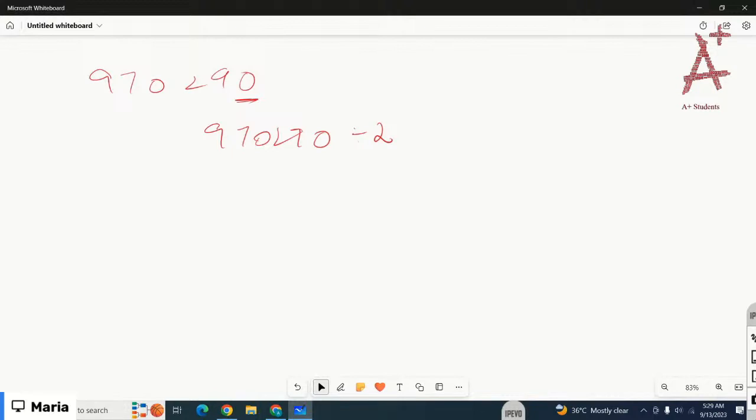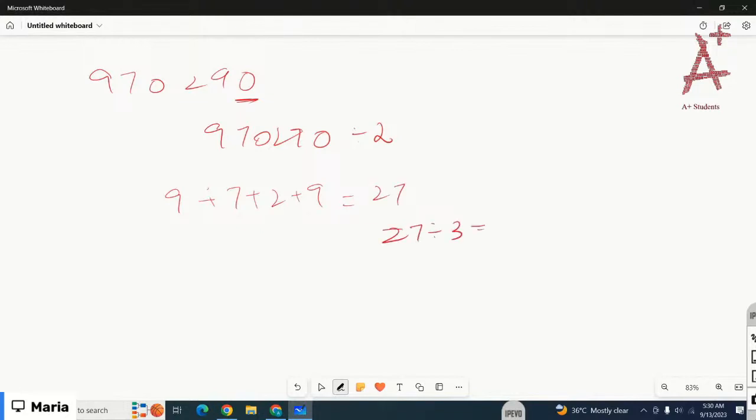Now let's apply the divisibility rule for 3. You have to sum up the digits. If the sum is divisible by 3, that means the number is divisible by 3. 9 and 9 is 18, 20, 27. 27 is divisible by 3.